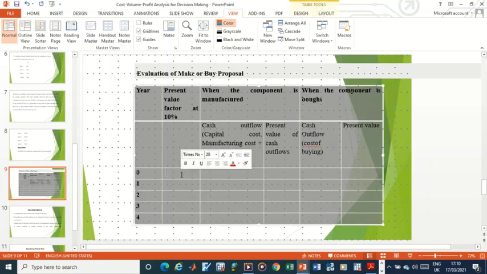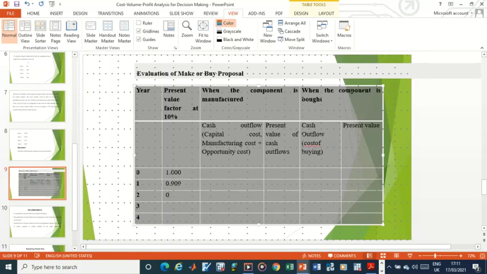Now, the first thing to do is to enter the present value for calculating the component future value. The first one is 1 because at year 0 the present value is 1. Then the next one is 0.909. This is from the question I displayed earlier.